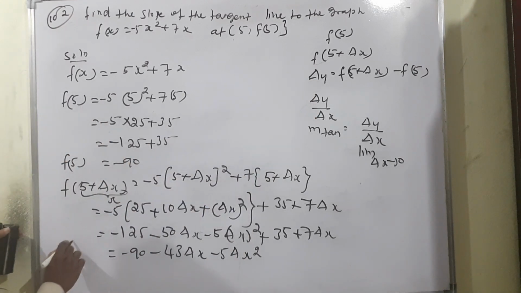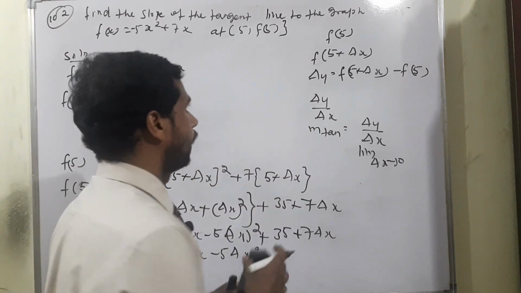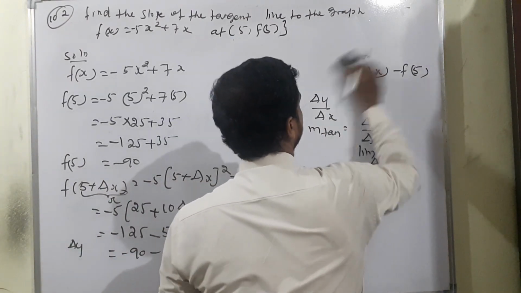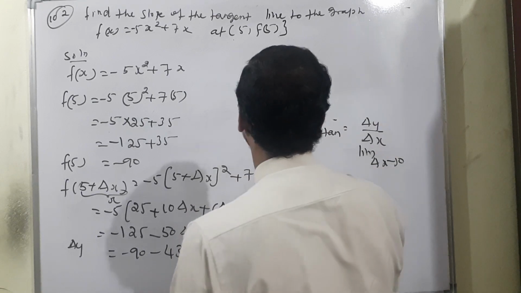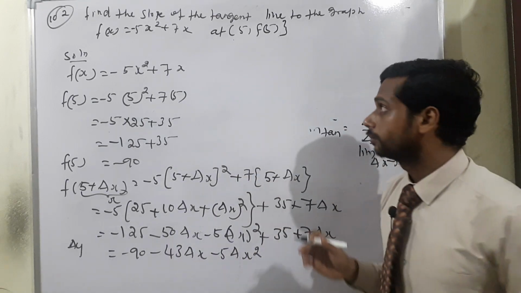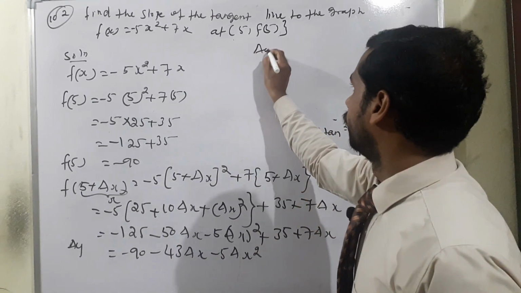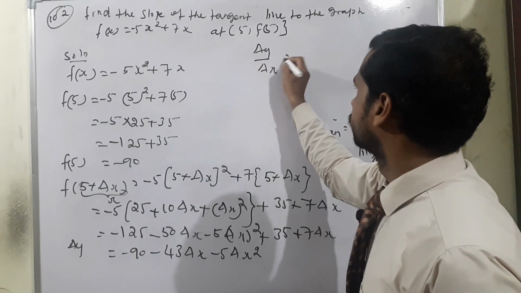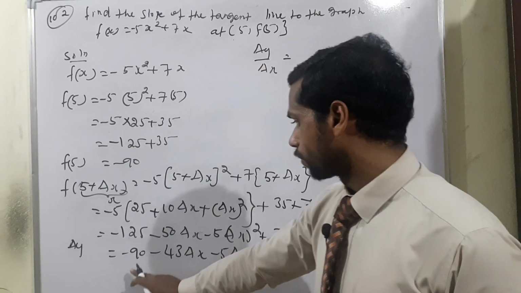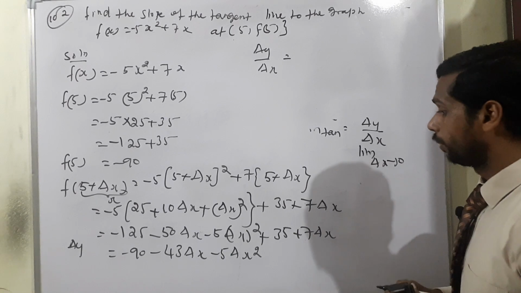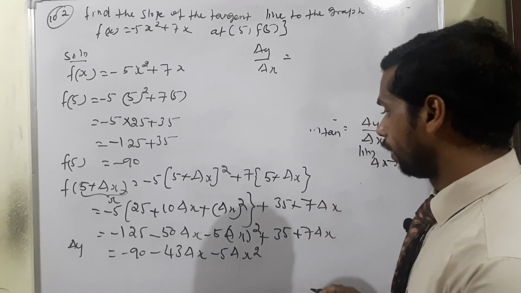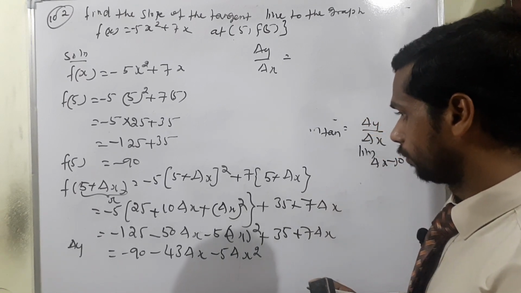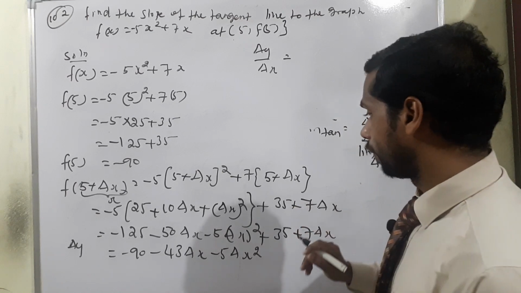So del y of the term. So next what we have to do, del y divided by del x. So del y divided by del x, what will happen? Del y by del x, what will happen?